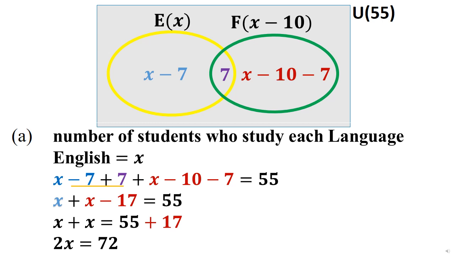Now simplifying further, x plus x is equal to 2x, equal to 55 plus 17, and 55 plus 17 is 72. So now we have 2x, which is x plus x, equal to 72, which is 55 plus 17.